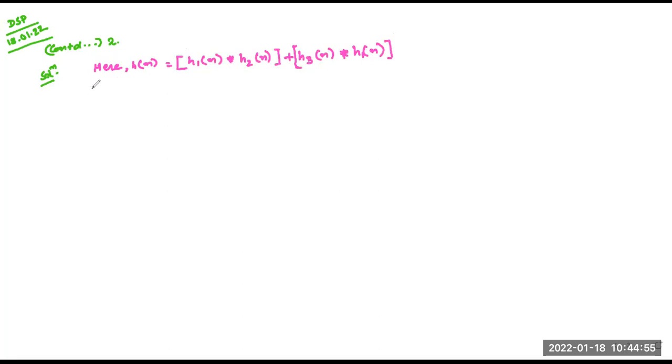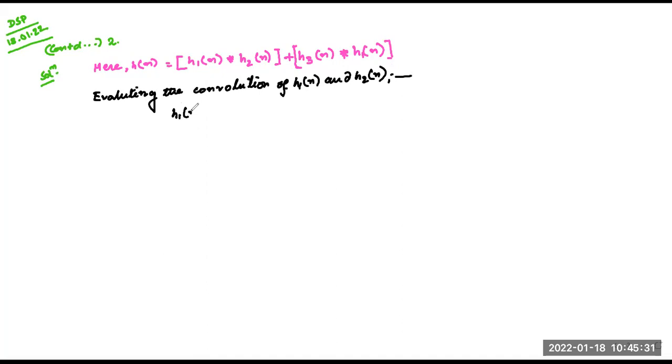So first, evaluating the convolution of h1n and h2n. So h1n is convoluted with h2n.